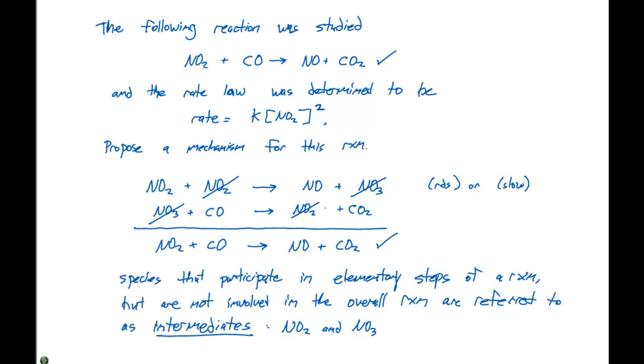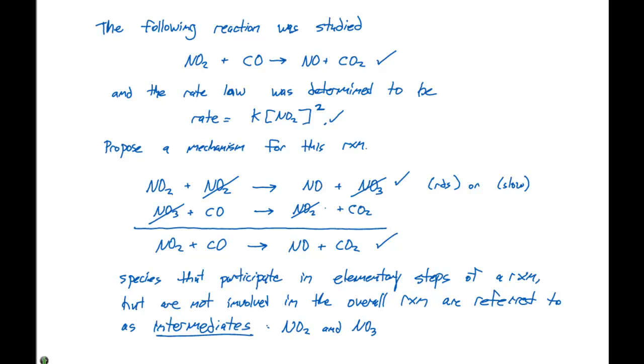The mechanism must agree with the experimentally determined rate law. Here we have a bimolecular elementary step here that comes from the rate law. The rate law gives us our rate determining or slower step. Two NO2s come together to give us an NO plus an NO3. This agrees with our rate law. So these guys check out right here.